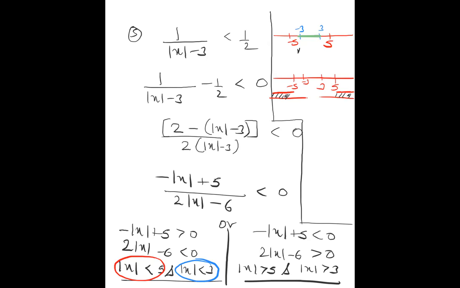So basically here we are saying it is between -3 to +3, or it should be -infinity to -5 union 5 to infinity. Right? Anyway, this is also our union only. The final answer is x belongs to either -3 to +3, union -infinity to -5, union 5 to infinity. This should be our final answer.